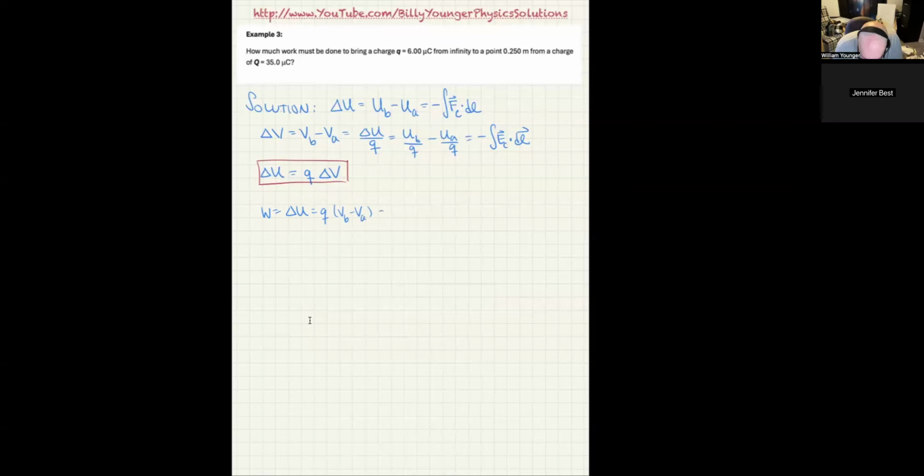But we happen to know what the VB is. So we can just go ahead and write Q times Q over 4 pi epsilon naught r sub b, minus Q over 4 pi epsilon naught r sub a. You could use K there, and that would save you a lot of writing.